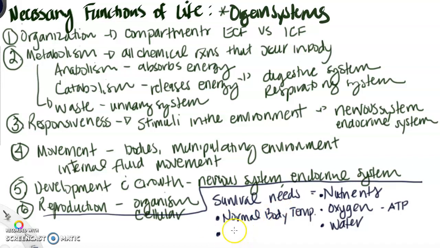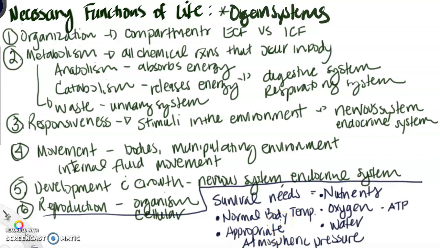We also have to have appropriate atmospheric pressure. That has to do with breathing. You can't really breathe that well on Everest, because the pressure is not enough to allow air to go into your lungs and be released out of the lungs.